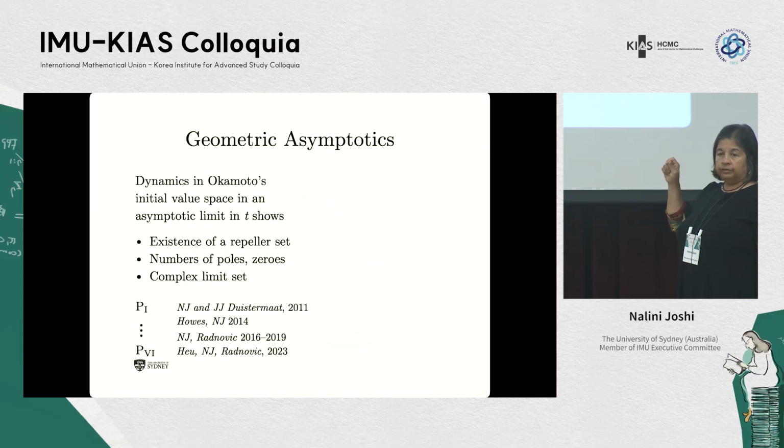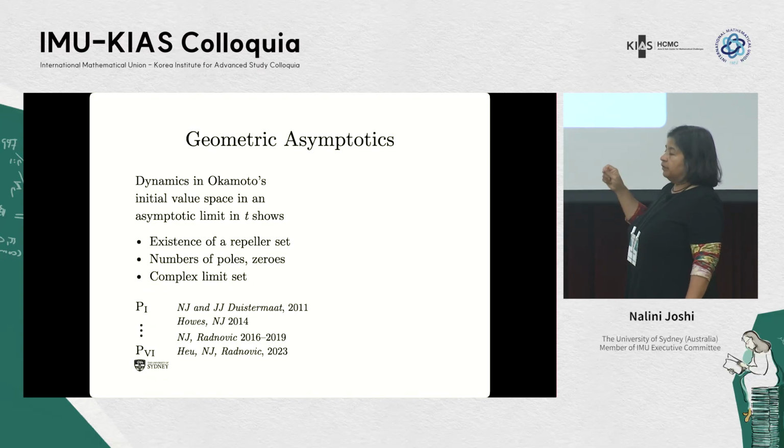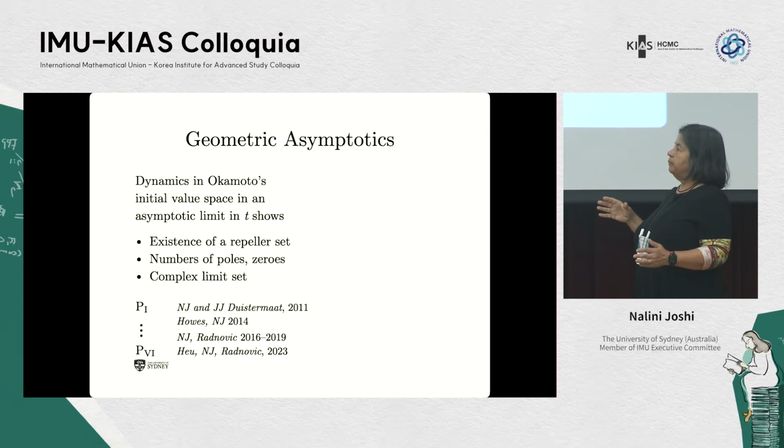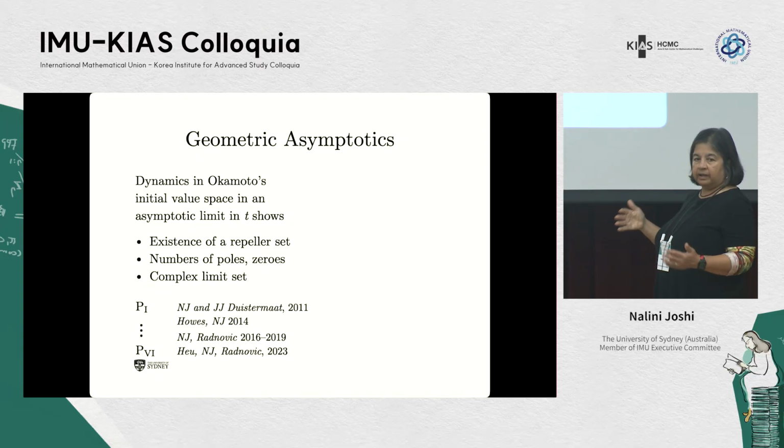This allows you to create a kind of topological argument to show that the number of poles and zeros in the transcendental solutions must be unbounded, and that there is a complex limit set for each solution. These are things that may have been suspected before but never ever proved.